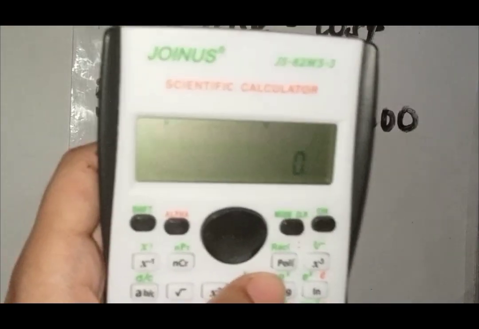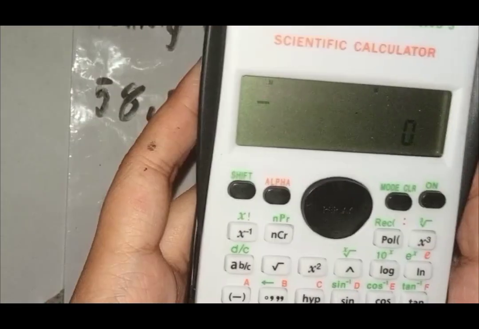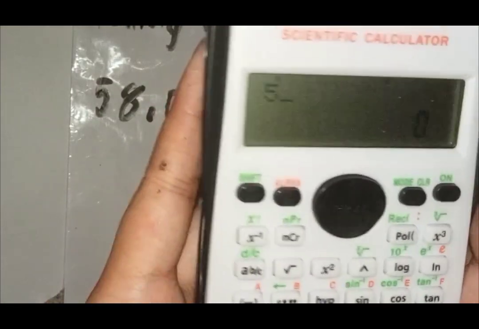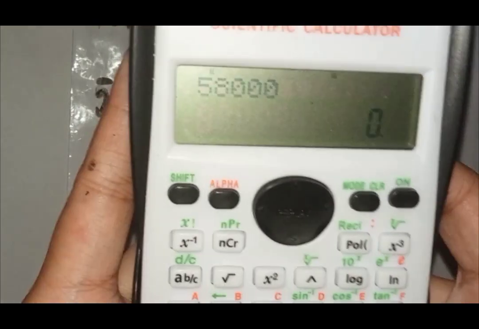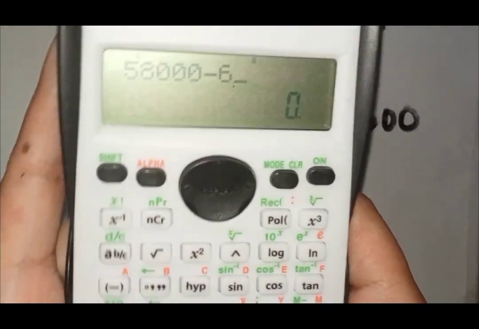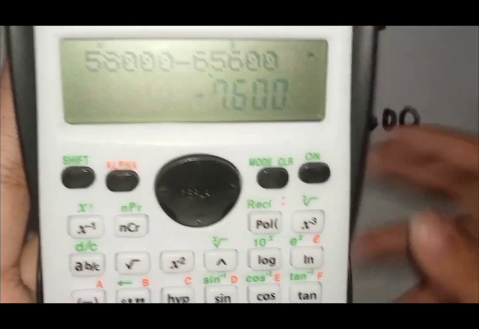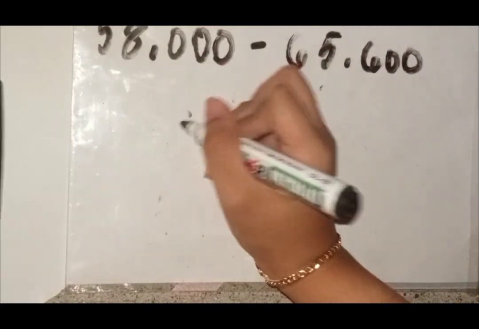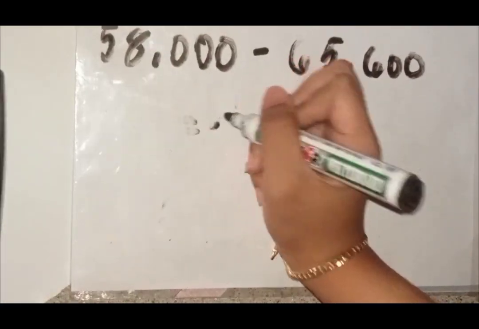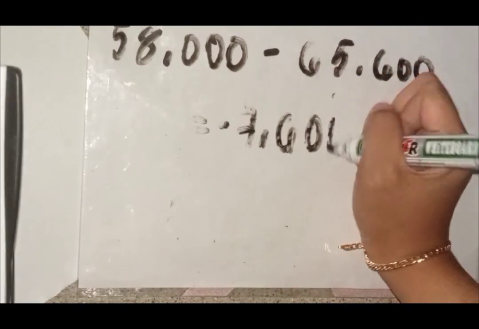So using the scientific calculator, we will compute it. So the selling price, which is 58,000, minus the cost of the motorcycle, 65,600, is equal to negative 7,600.